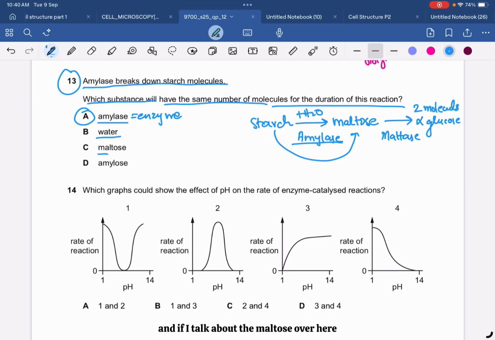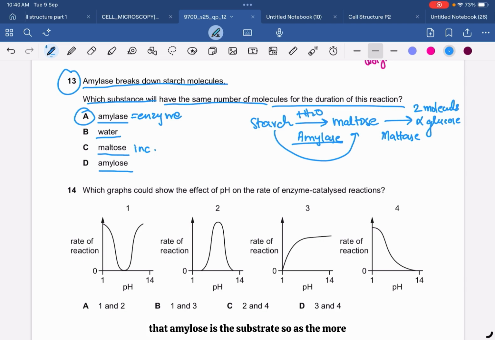And if I talk about the maltose over here, maltose is also the product of the hydrolysis of the starch. So it is increasing, right. It will increase as the reaction continues. As more starch is broken down, more maltose will be there. Amylose, we know that amylose is the substrate.